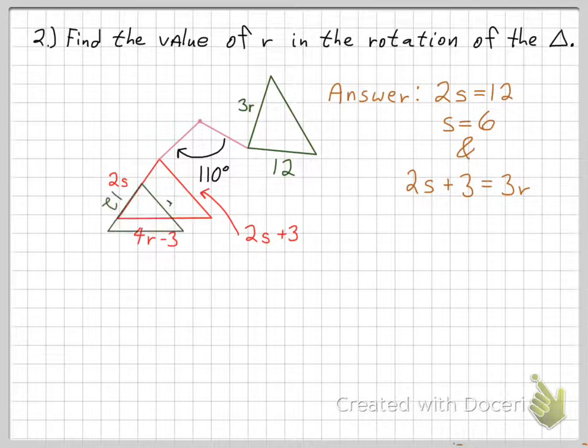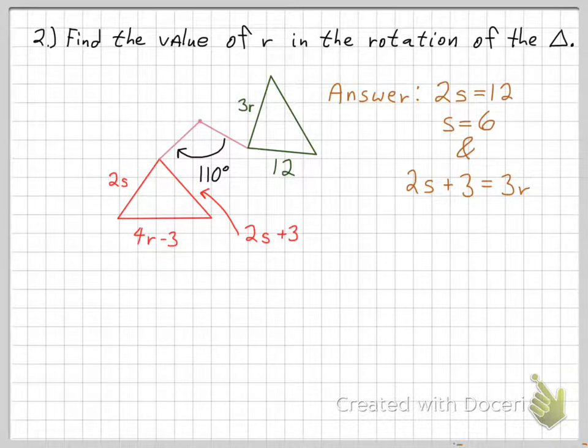And like I said, it changes size, but I can just bring it back to the correct size, and there you have that the 2s is equal to 12, and the 2s plus 3 is equal to 3r. So that's where you get that from. Hopefully you can kind of visually see that there.